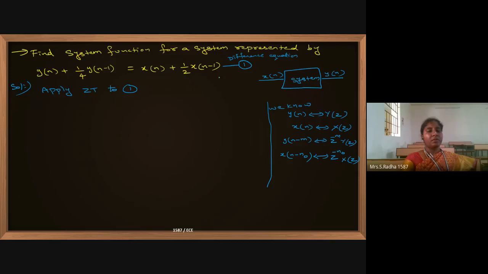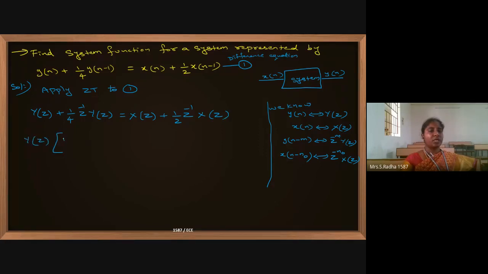Now applying Z transform to equation 1, we will have Y of z plus 1 by 4 z power minus 1 Y of z equal to X of z plus 1 by 2, a constant, z power minus 1 X of z. You put the common terms together.